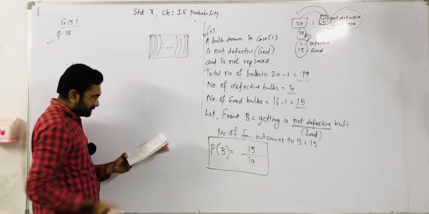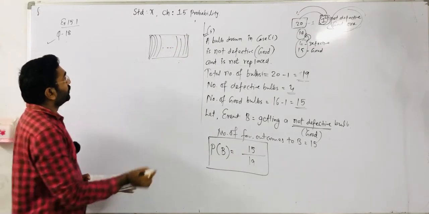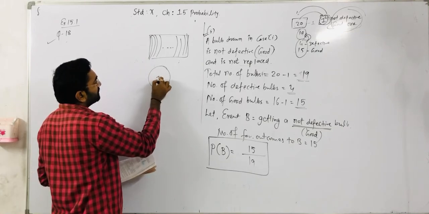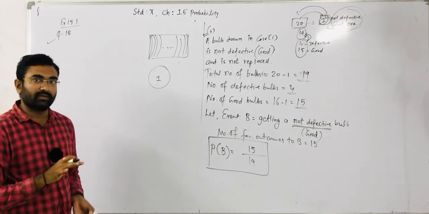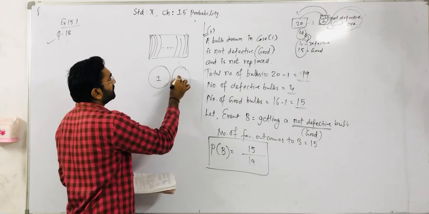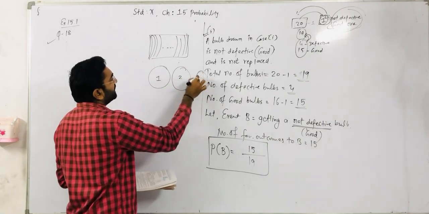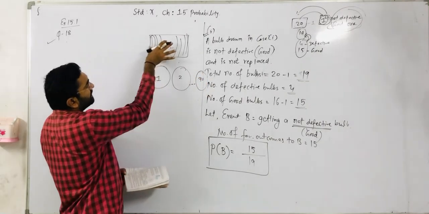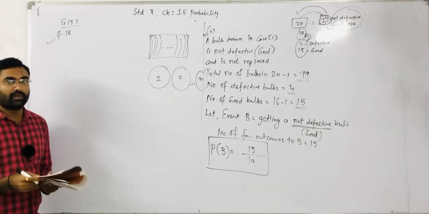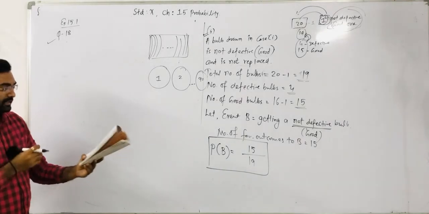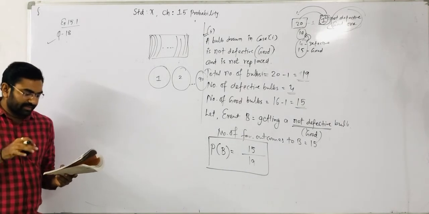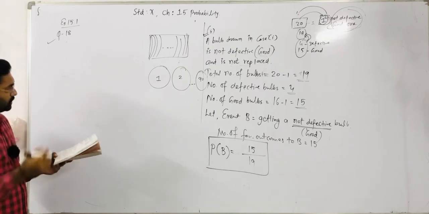Each disc is numbered from 1 to 90. So the first disc is numbered 1, the second disc is 2, and that way up to 90 discs are arranged in a box, all having a number from 1 to 90.